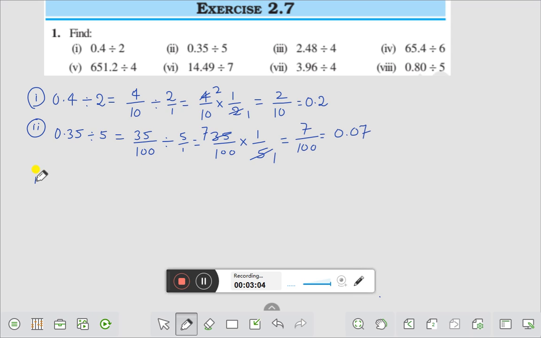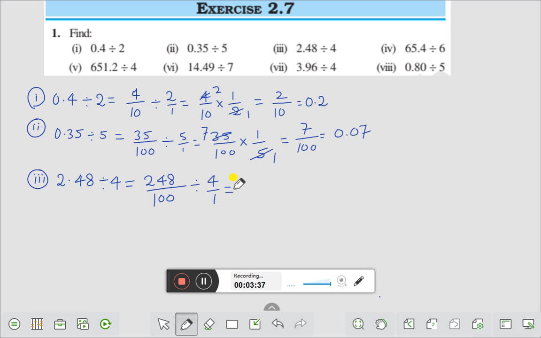Now question number 3 is 2.48 divided by 4. It can be written as 248 by 100 divided by 4, and 4 can be written as 4 by 1.